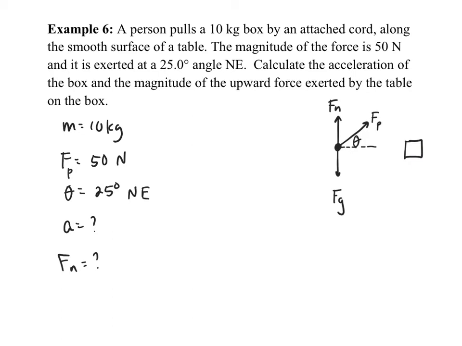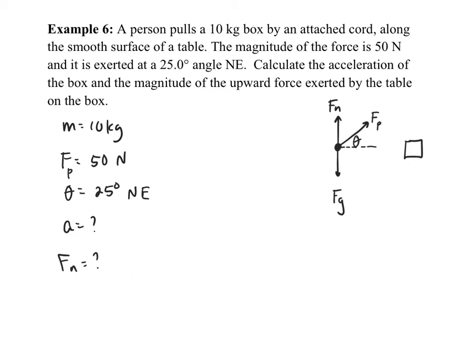Some problems will have a rope, but I can just label this FP because the pull that I exert on the object is physically acting directly on it. So whether I call this FT or FP, it's the same thing as a problem. Later though, we're going to see where we want to call it FT for a specific reason.